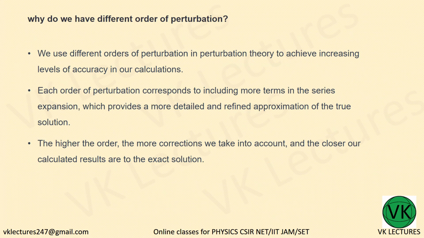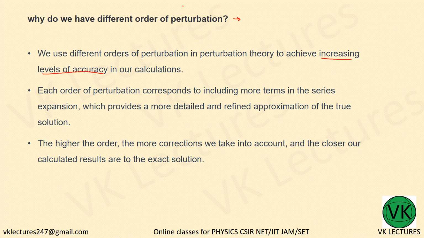One question that comes to our mind while doing perturbation is, why do we have different orders of perturbation? We have already answered, but just for reaffirming our ideas, we use different orders of perturbation theory to achieve increasing levels of accuracy. As we increase the order of perturbation, we increase the accuracy in our calculations.